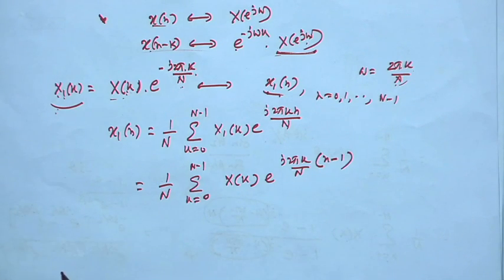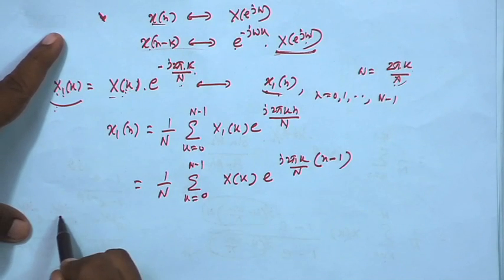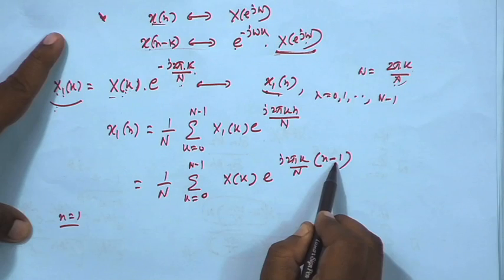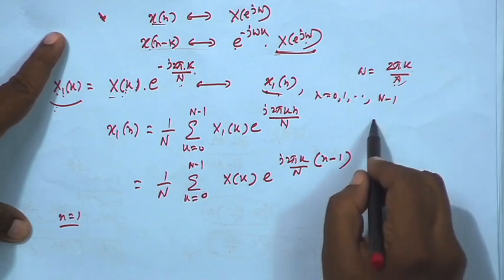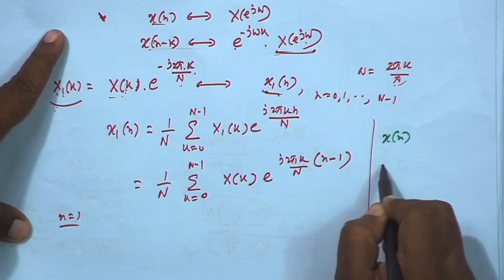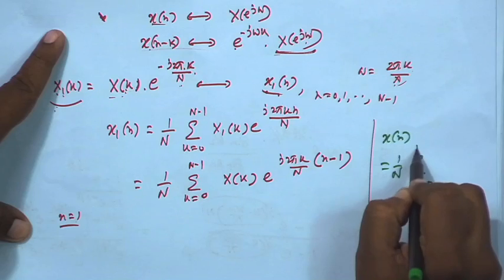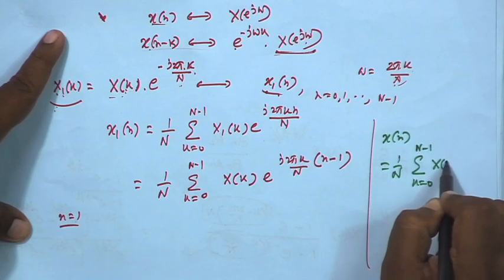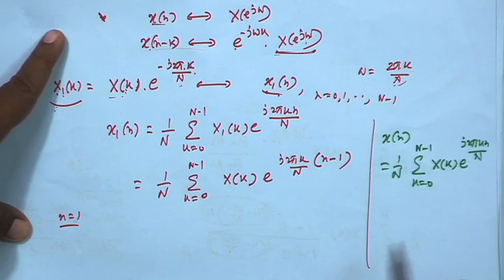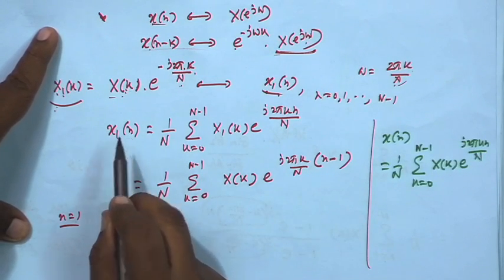Now, let us work it out. Suppose we start with n equal to 1. If you put n equal to 1, this is 0. So, it is like the original, what was the original IDFT? What was x n? That was 1 by n summation. Now, here I start with n equal to 1 first, n equal to 0 I will do later.